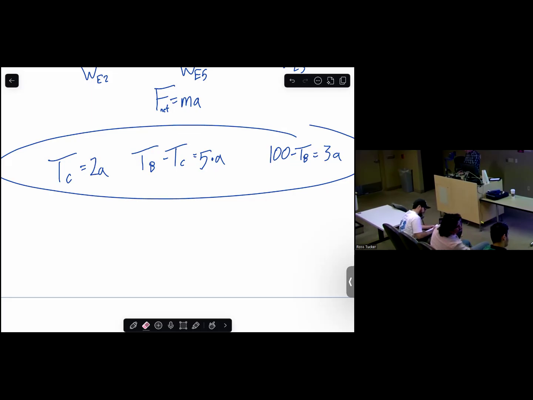What are the units of acceleration, by the way? Meters per second squared, not meters per second. We're not finding a velocity. This is Google question L. Please put this in L.